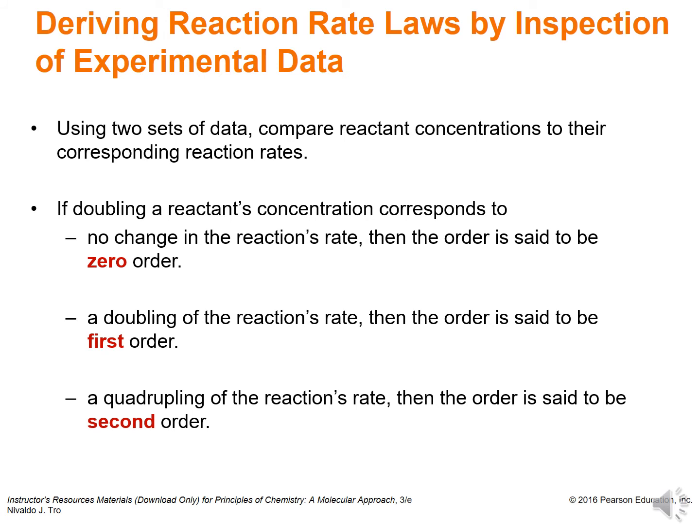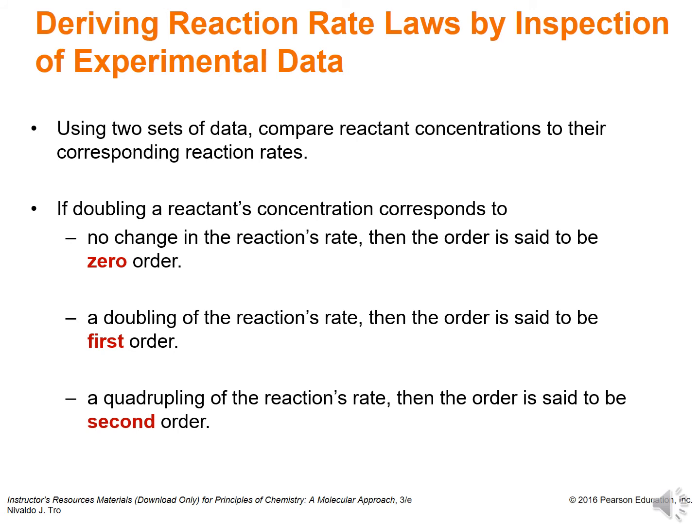Another possibility would be doubling that reactant's concentration would double the reaction rate, and then therefore the order is said to be first order. So whatever we did to the reactant, we did the same thing to the rate. That's evidence of first order behavior. If, on the other hand, we doubled that reactant's concentration and we get a quadrupling of the reaction's rate, then that's second order behavior, right? 2 to the second power would be 4.